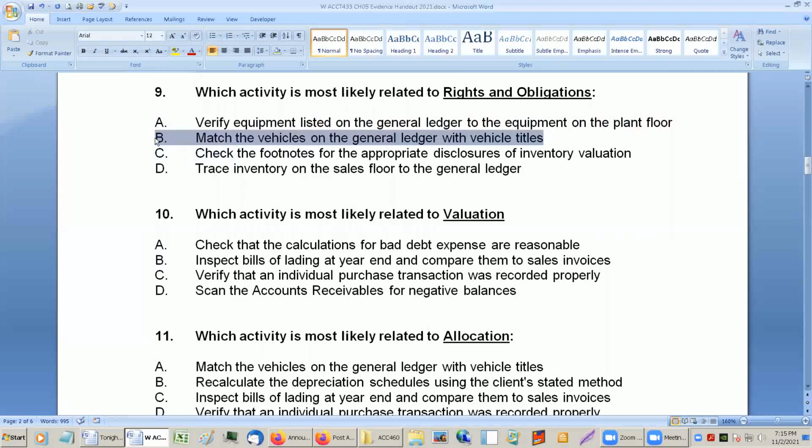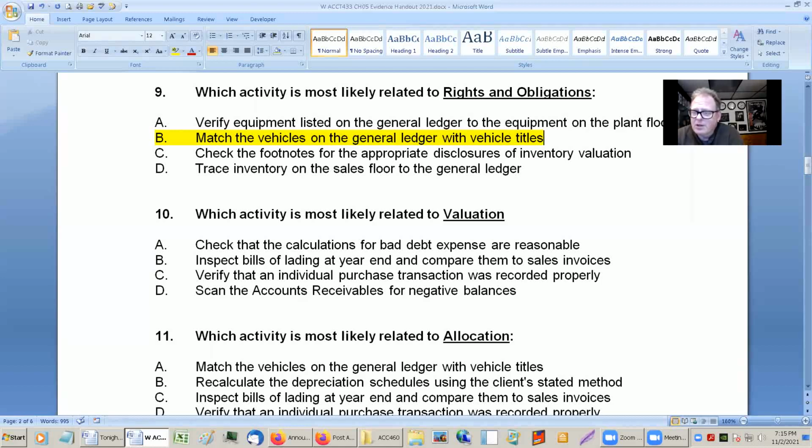So if they have something on their books for vehicles, then they should own them. Right, they should be the owners of them. It could be possibly there's loans on them, but you verify with the titles. It could be leased equipment, and if it's not a capital lease, they don't own any of it. That could be for the building or anything else.